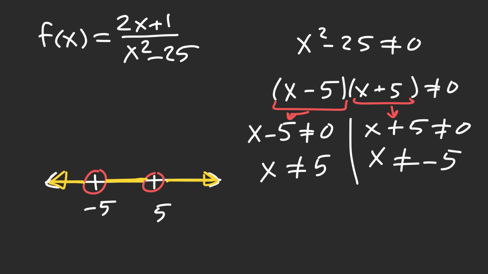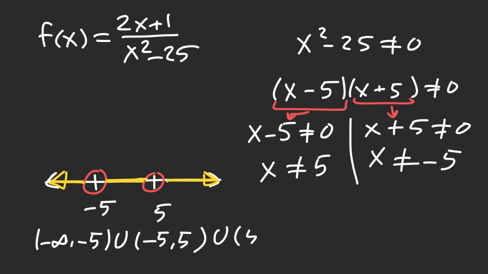The domain for this part will be minus infinity to minus 5 in parentheses, union. Now for this part, it will be minus 5 to 5. For this part, again union, 5 to infinity.